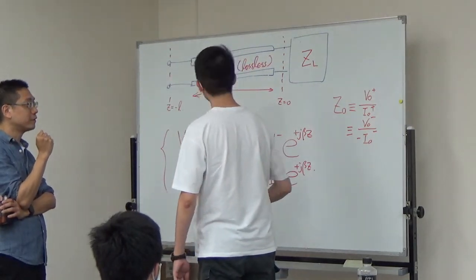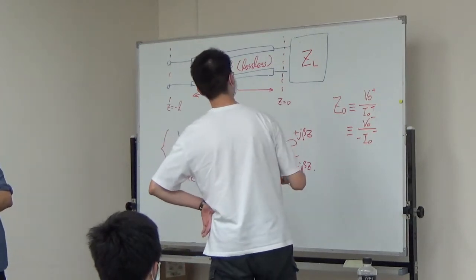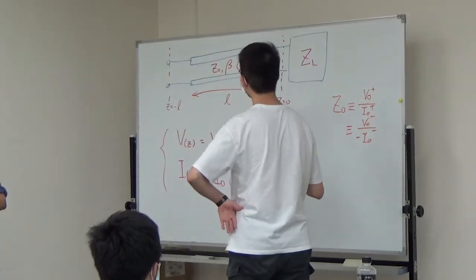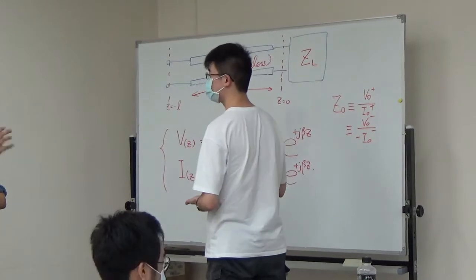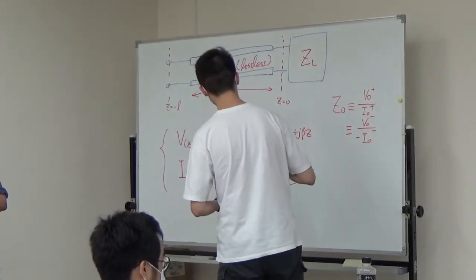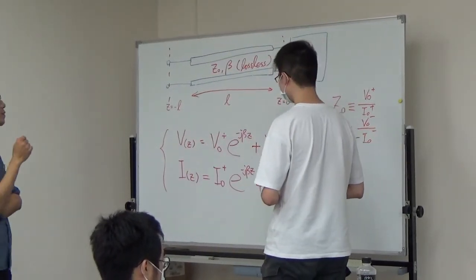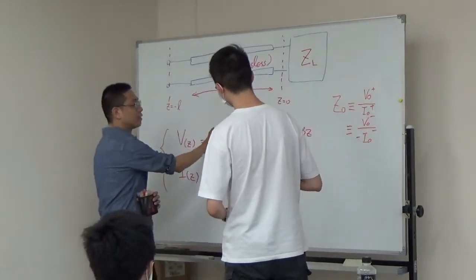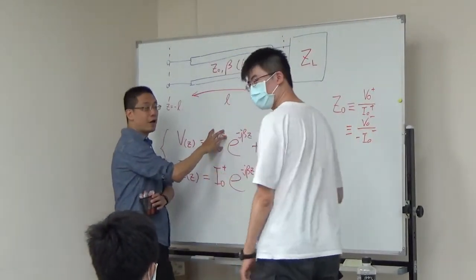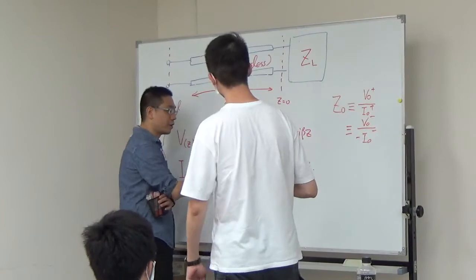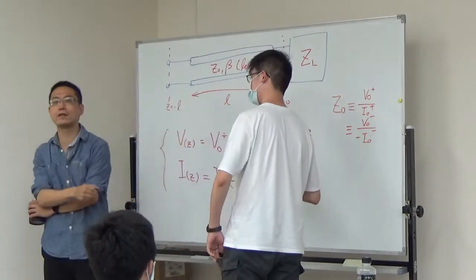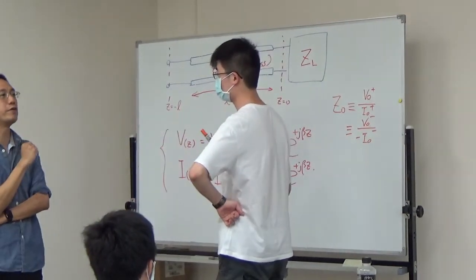Anywhere? You can speak in Chinese, I can translate for you. He said this is the input voltage. Input voltage, output voltage, input current, output current. Can you say that precisely? I need an exact definition.